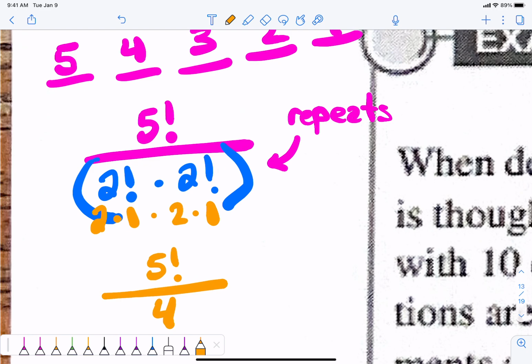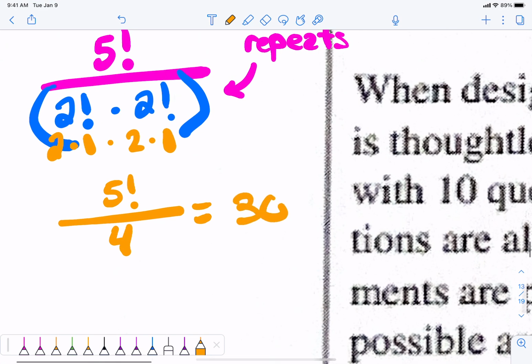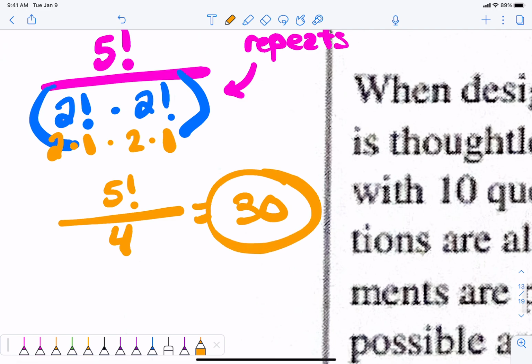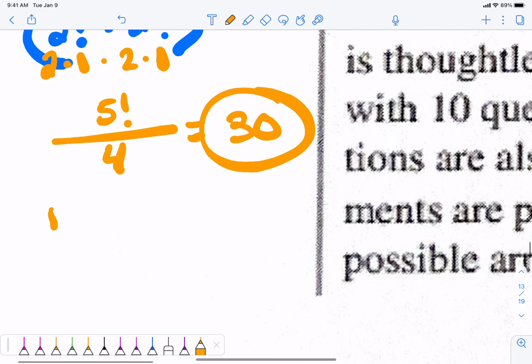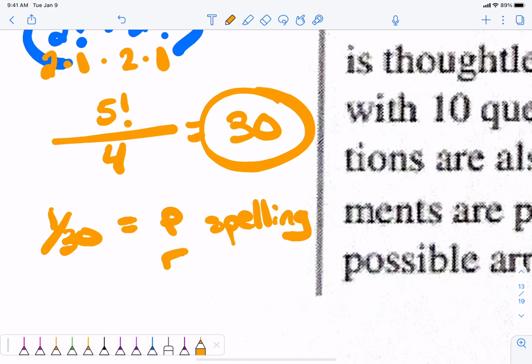If you want to do some of that in your head, it would be a good idea. You said 30. There are 30 different words or non-words that we can create from the letters of Ellie's name. There are 30 different ways of arranging them. And only 1 out of 30 is the probability of spelling Ellie exactly.